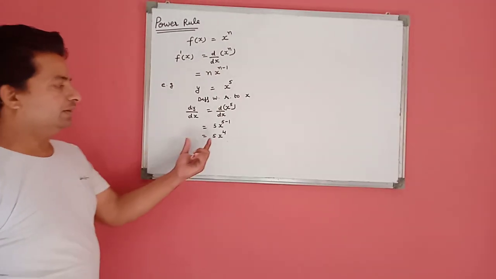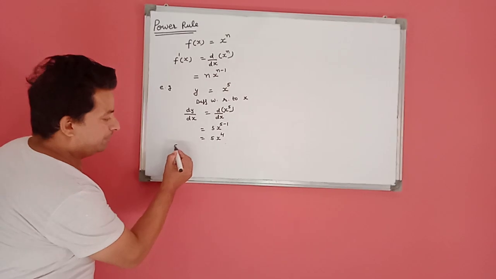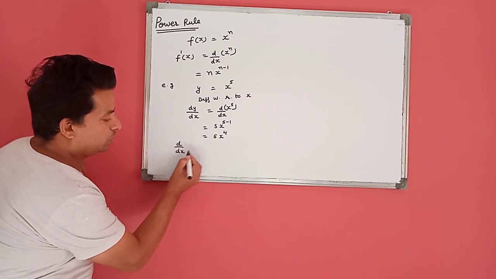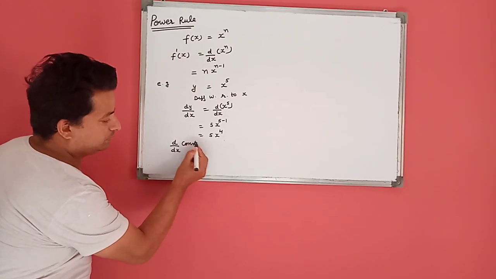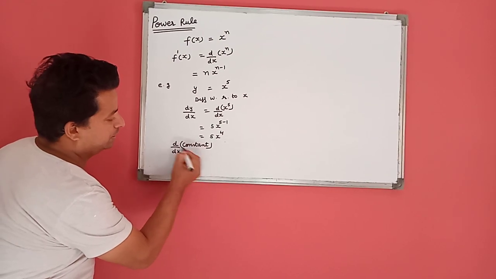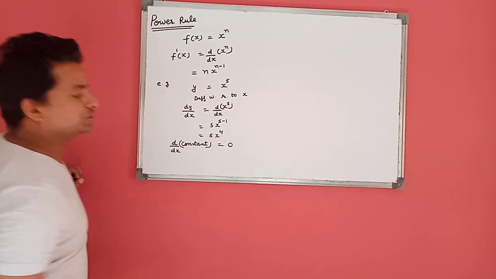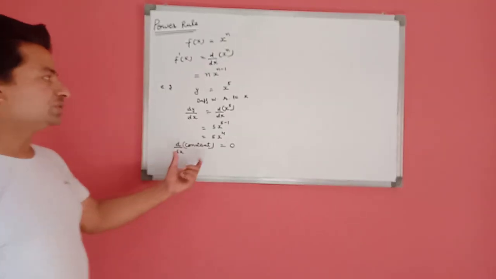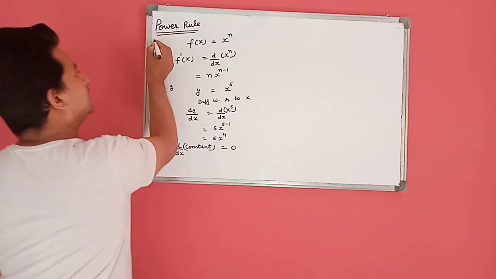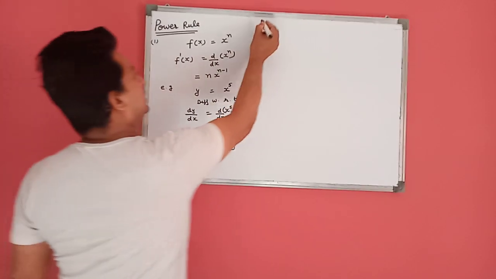It is called the derivative. Remember, the derivative of a constant function is always equal to 0. The derivative of a constant is 0. This is called the first rule of derivative.